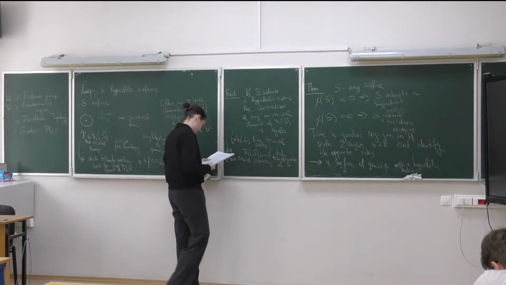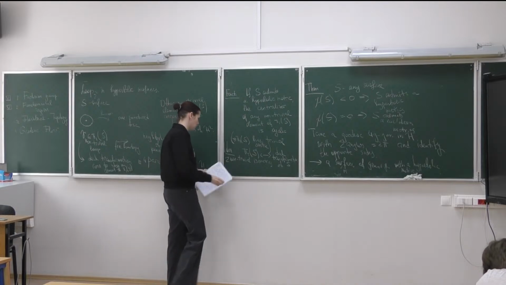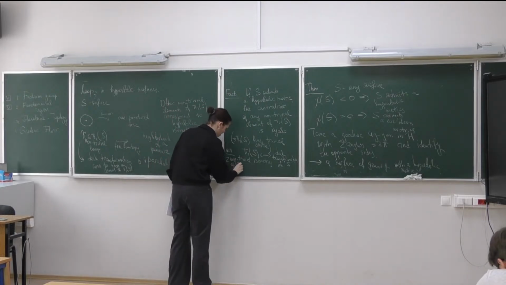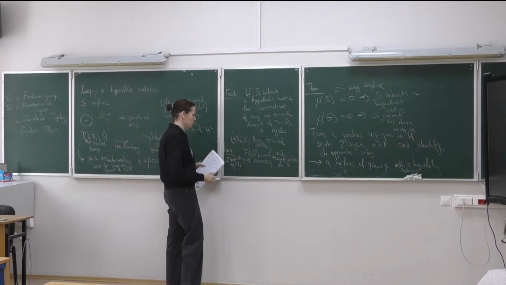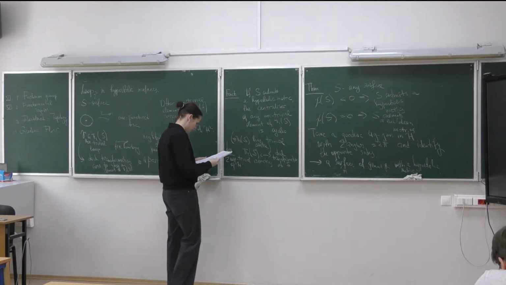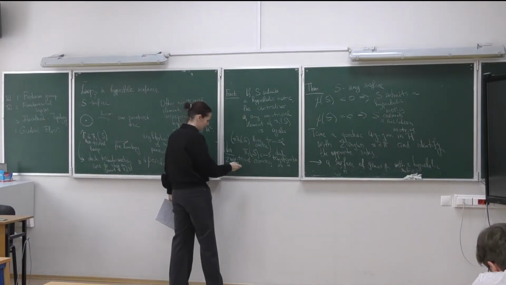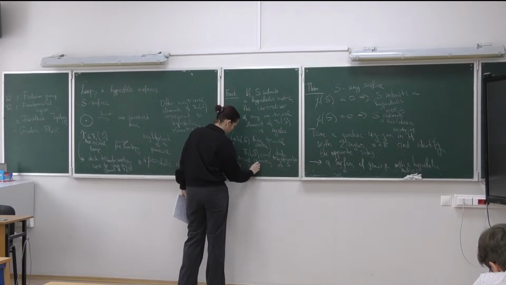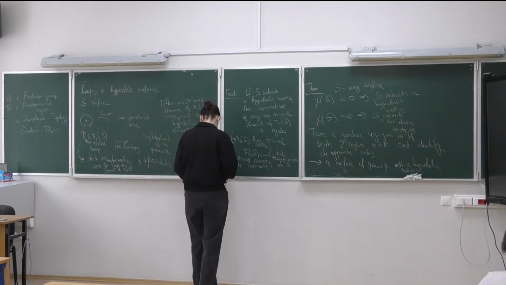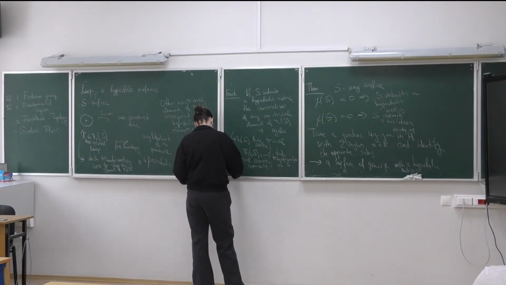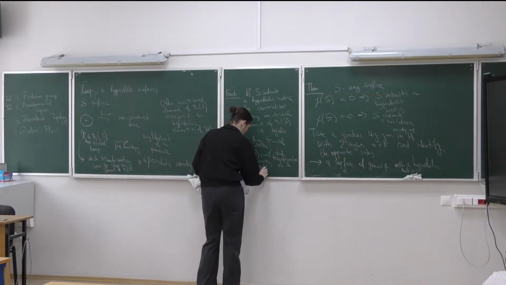We know that if we take two non-trivial isometries of H, they commute only if they have the same fixed points at the boundary.